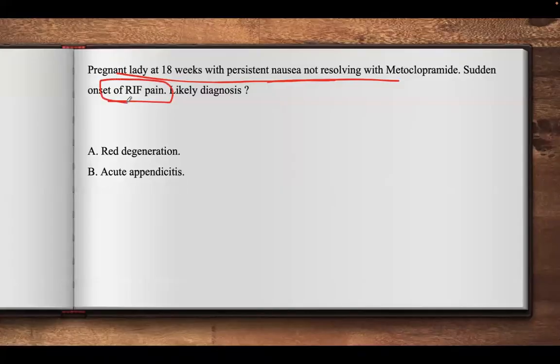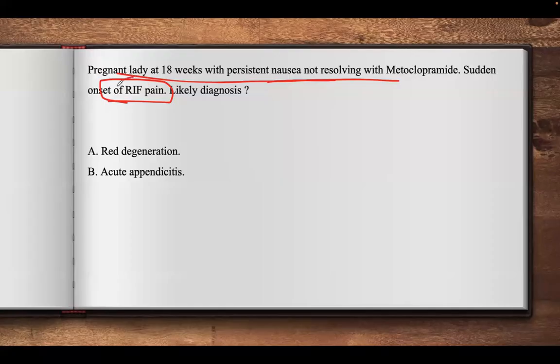When they have a red degeneration in pregnancy, yes, you are right, Dr. Wali, there is some history. So I agree we are lacking the history. Second thing, there is not as persistent nausea as they have documented for appendicitis. Appendicitis is known to have a persistent nausea which does not respond to antiemetics at first.